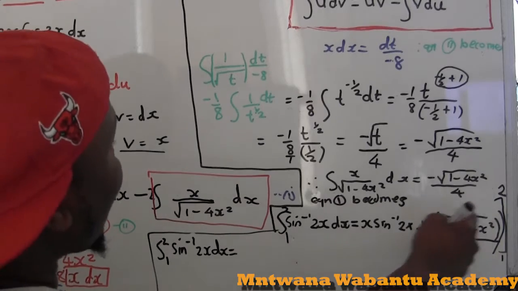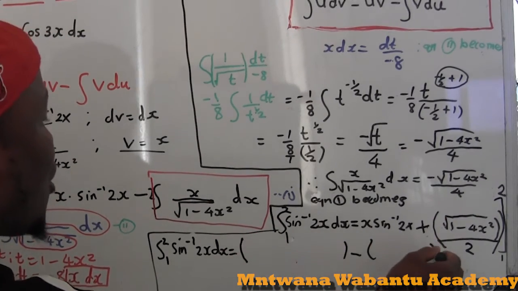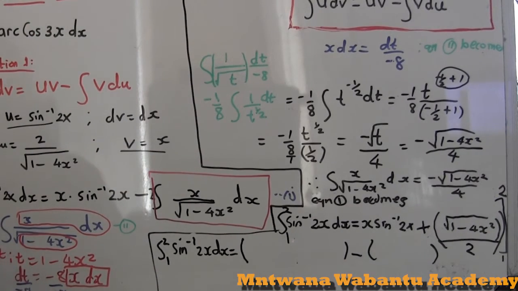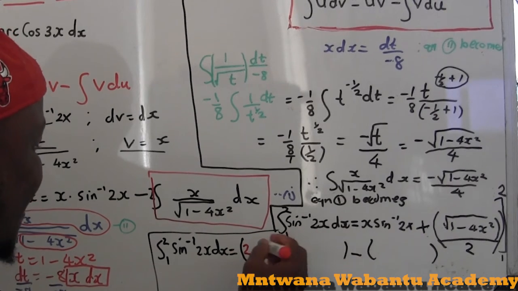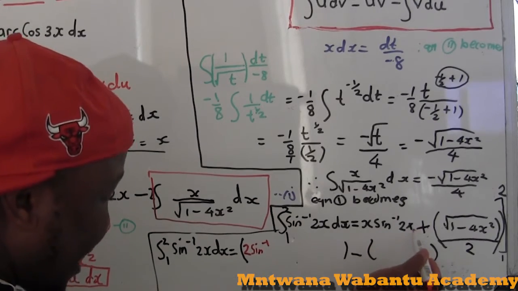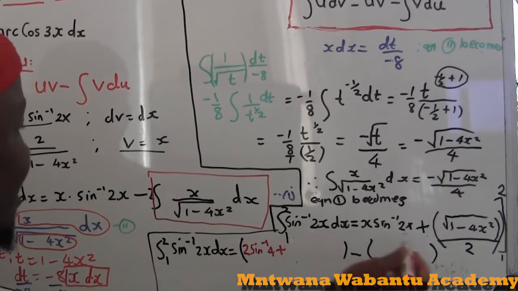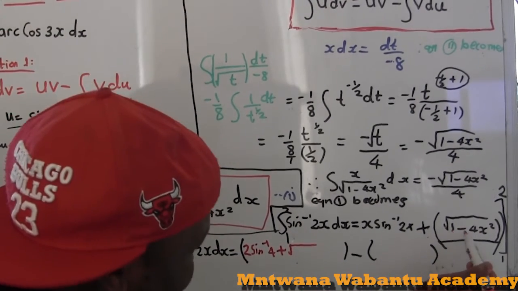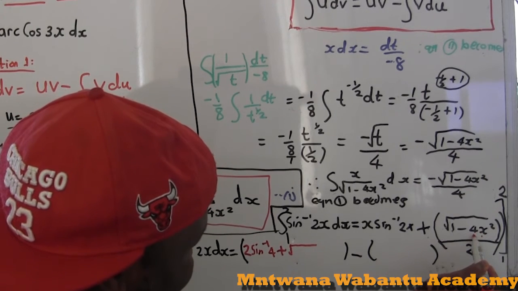Now we substitute the value of 2 everywhere. So we're going to say upper limit minus lower limit. The upper limit, 2, is going to come here: 2 sine inverse of 2 times 2, because you substitute the upper limit everywhere. 2 times 2 equals 4, and then plus square root of 1 minus 2 times 2, that is 4 times 4, 16.